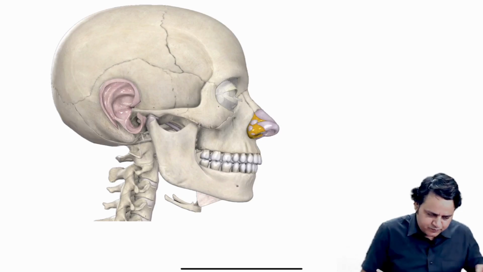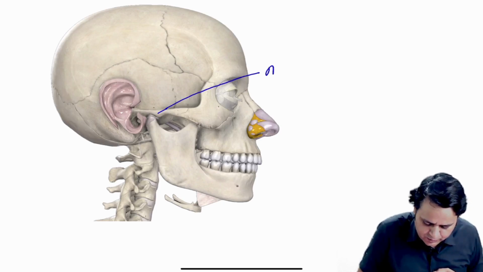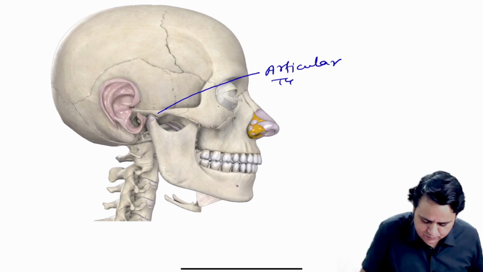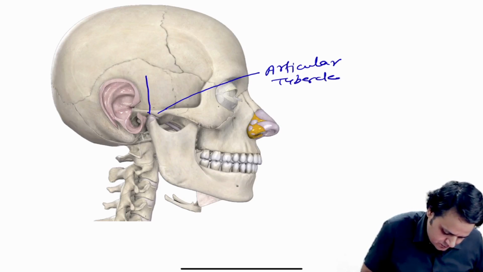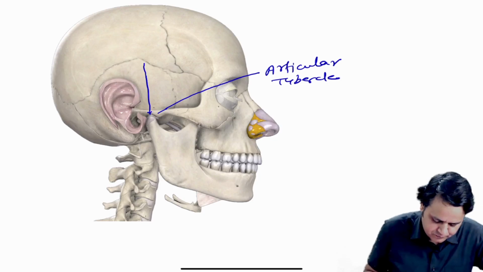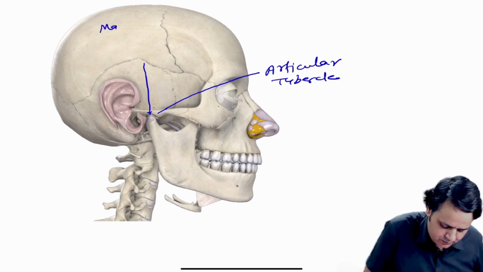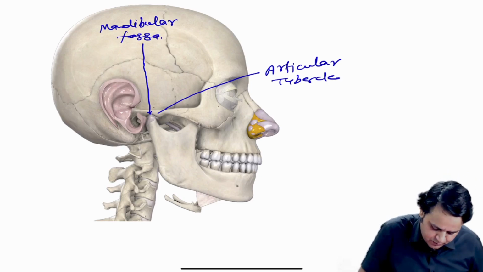This is the articular tubercle, and this is the mandibular fossa.